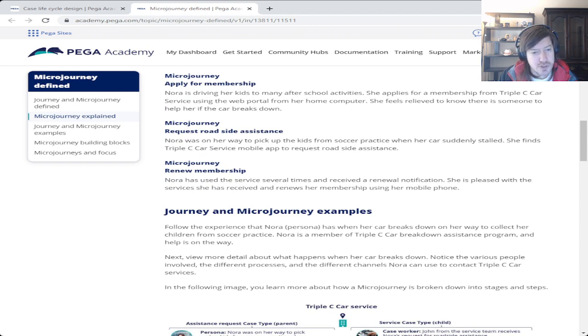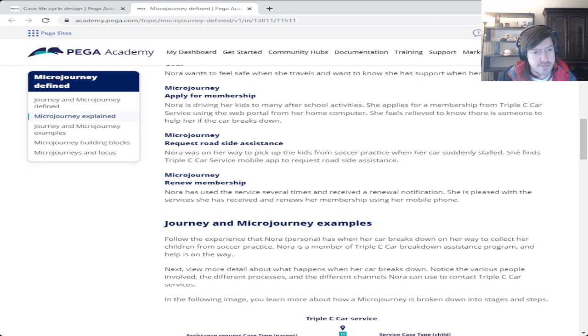Microjourney, request roadside assistance. Nora was on her way to pick up the kids from soccer practice when her car suddenly stalled. She finds the Triple C car service mobile app to request roadside assistance. Renew membership. Nora has used the service several times and received a renewal notification. She is pleased with the services she has received and renews her membership using her mobile phone.